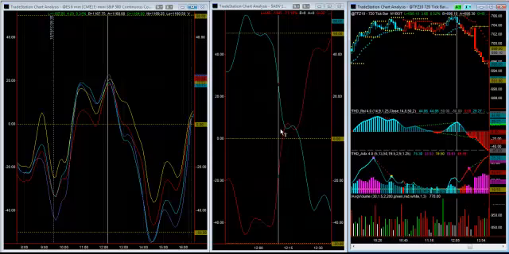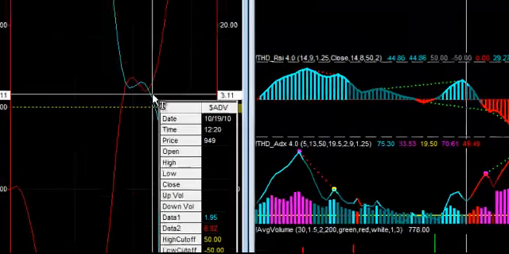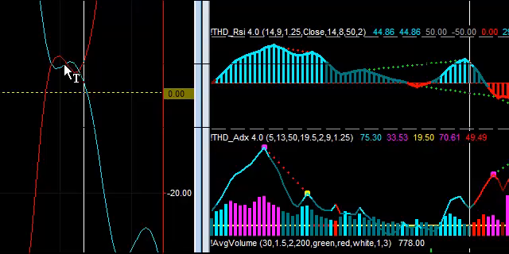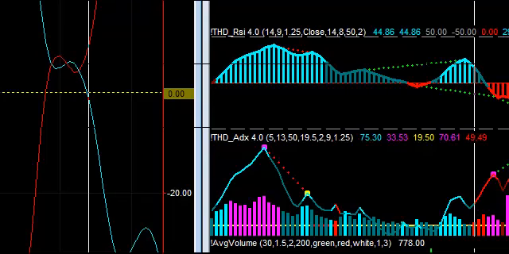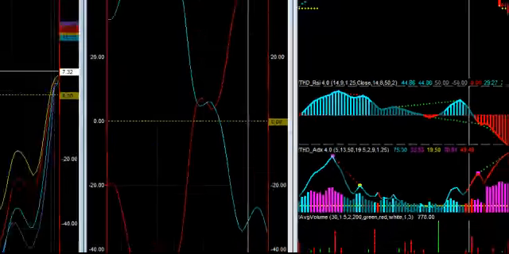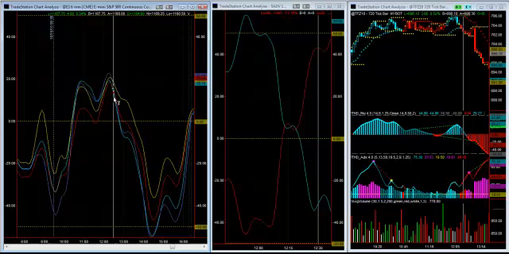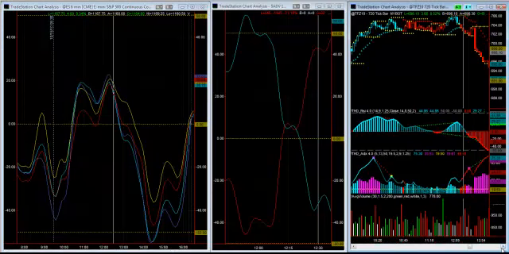This is your switchover right here. Okay. This is where we ask, can the buyers take control? Can the sellers take control? The sellers won out. If you're looking over here at the RSI, you can see the RSI is now going down. So now we're again looking for a low risk entry point.